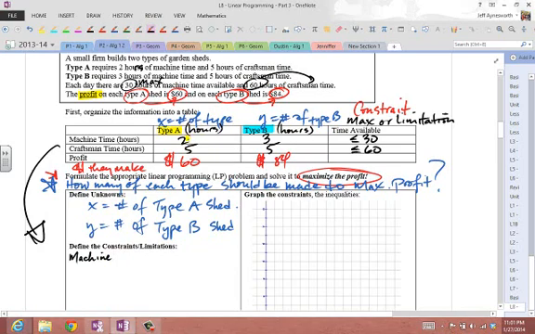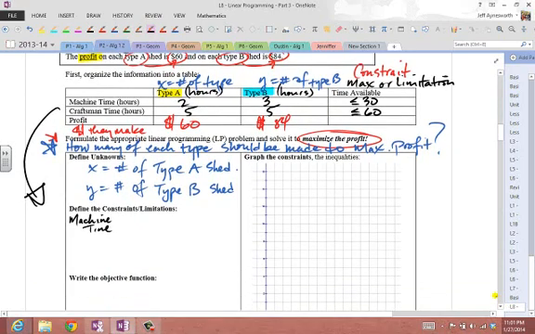For 2 sheds, it takes 2 times 2, or 4 hours. If we build 3 type A sheds, it's 3 times 2, or 6 hours. But in general, if we build x sheds, each one takes 2 hours, so it takes a total of 2x hours of machine time for type A. So we need to develop constraints or limitations on the machine time, and do the same thing for craftsman time.